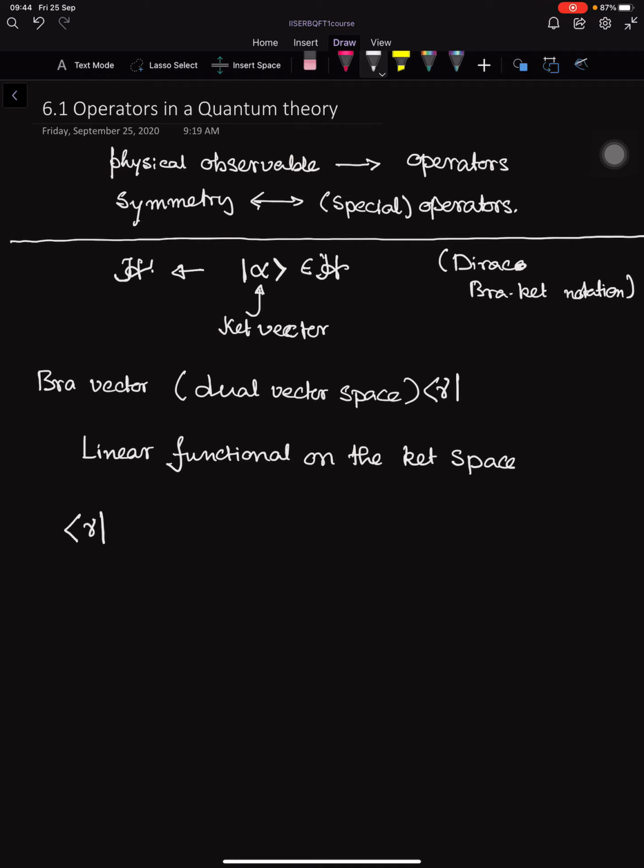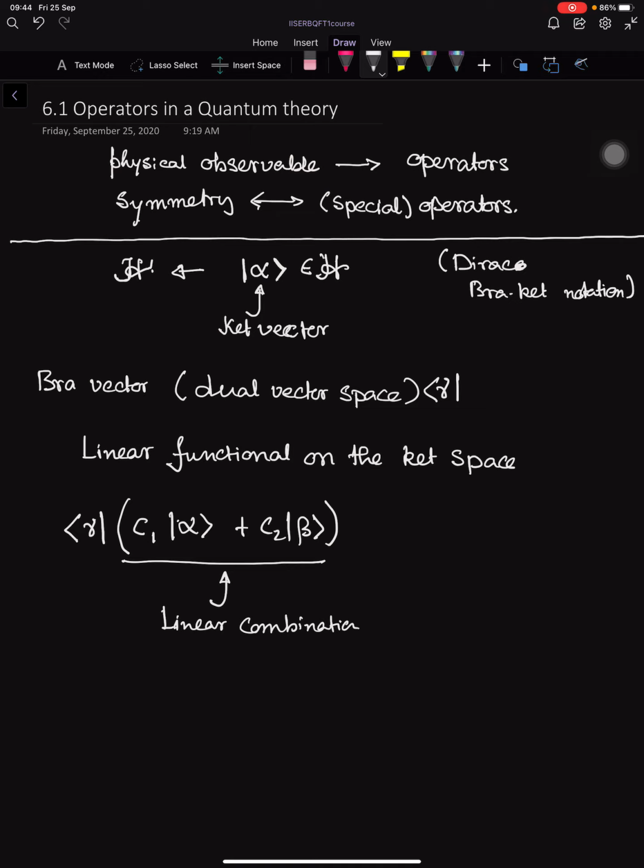Then gamma acting on C1 alpha plus C2 beta, an arbitrary linear combination of two ket vectors, is the same as C1 gamma alpha plus C2 gamma beta. And these are usually complex numbers.